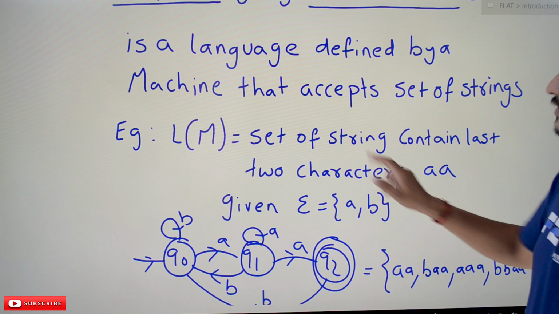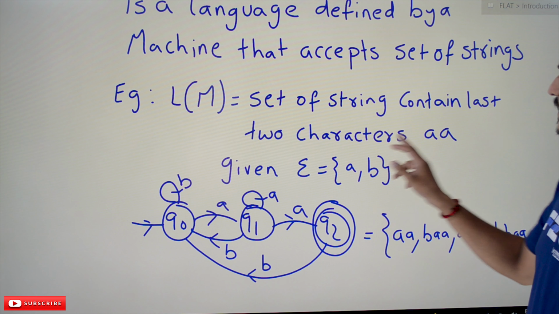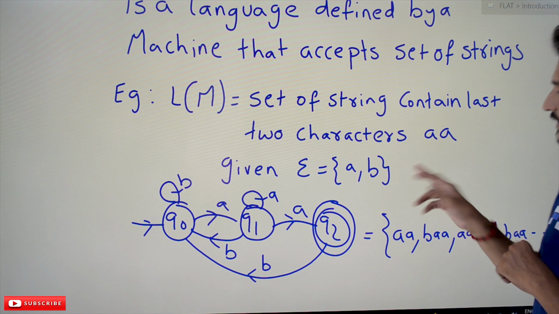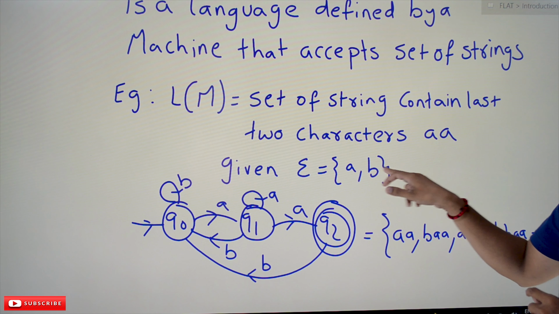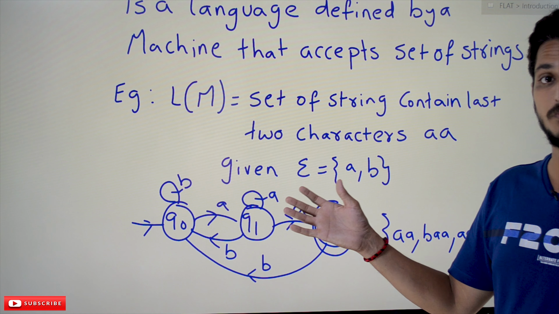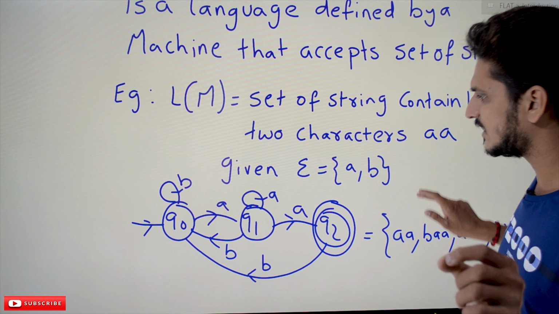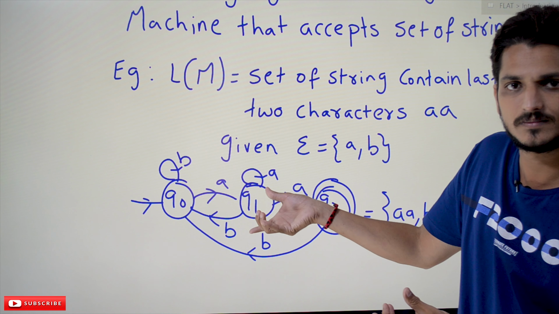L of M, the language of a machine, is given as the set of strings that contain the last two characters AA. This is the alphabet taken in our example, A comma B. With this we can generate an infinite number of strings, but the language of a machine is the set of strings that are accepted by the machine.